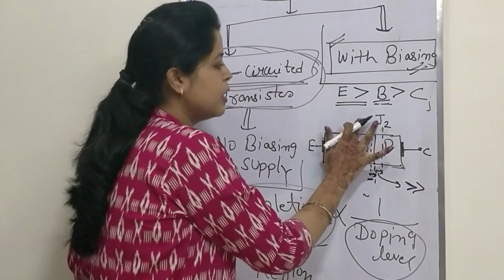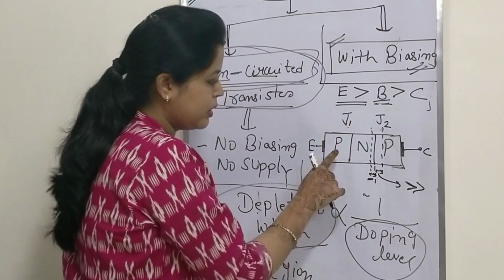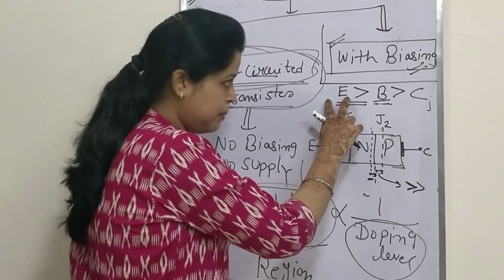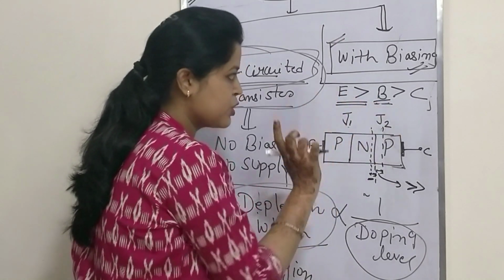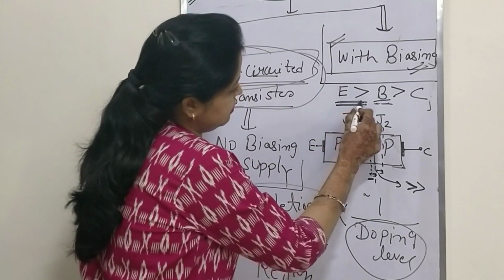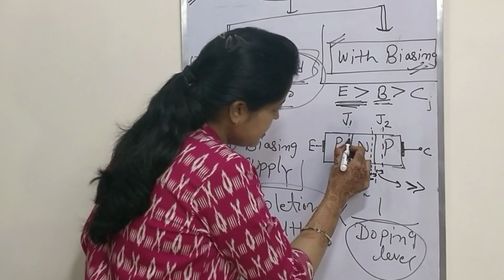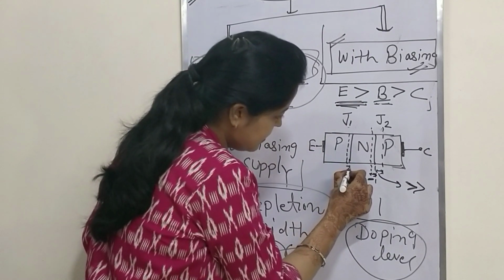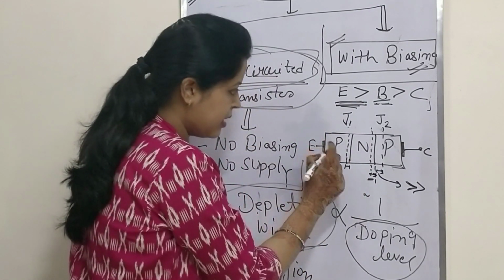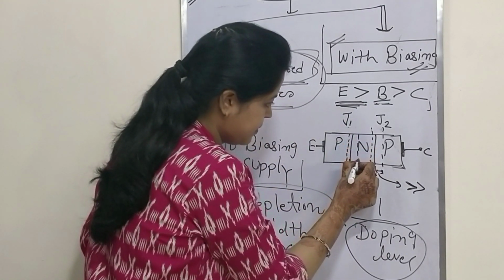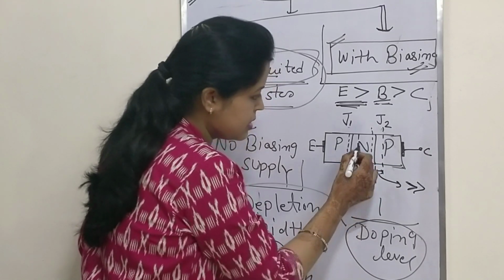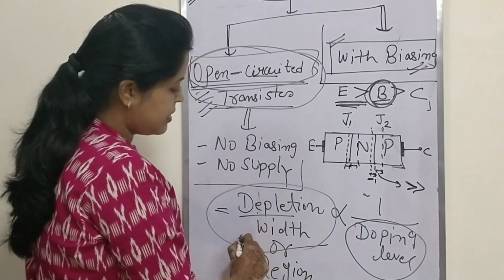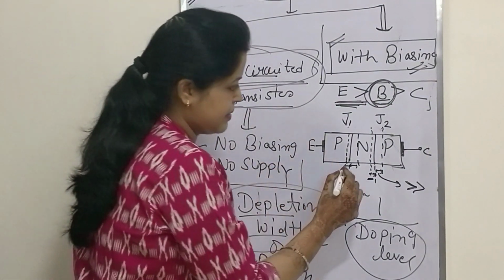Similarly, when we talk about the J1 junction, for this particular section emitter is more doped than base, so the depletion region will be less toward the emitter instead of the base, because here the doping level is less, so the depletion width will be toward the base.